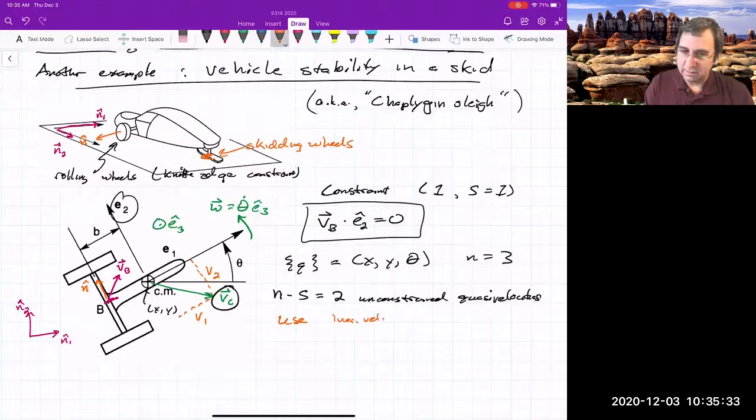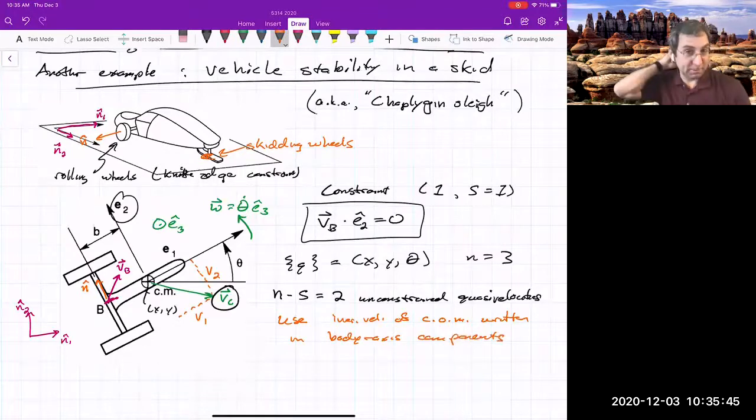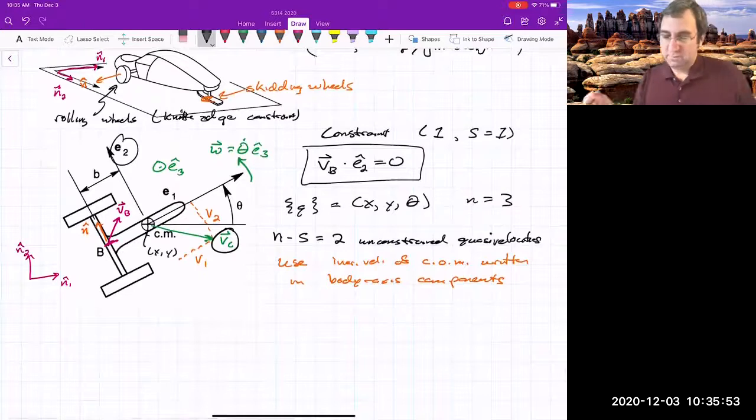They're quasi-velocities because they don't correspond to the time derivative of anything, but you can work it out.